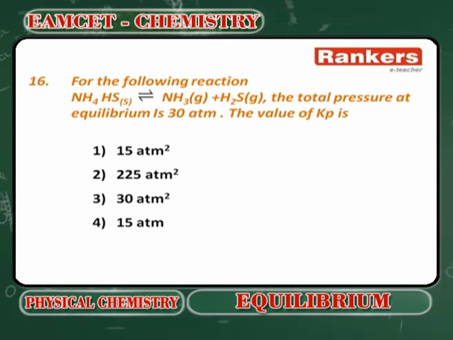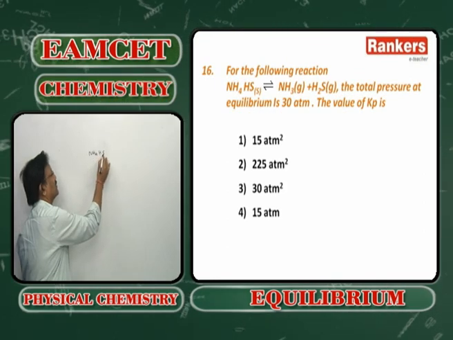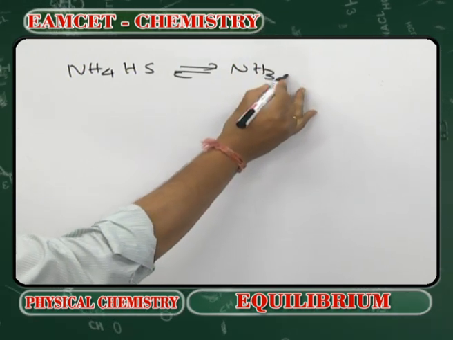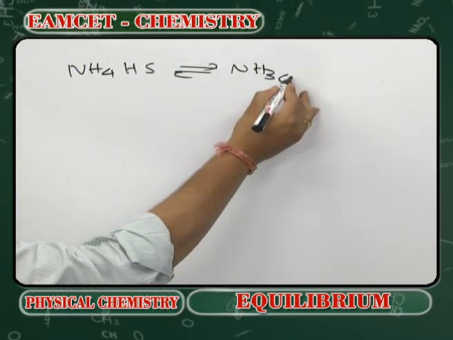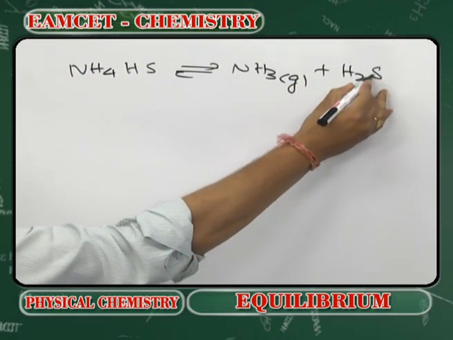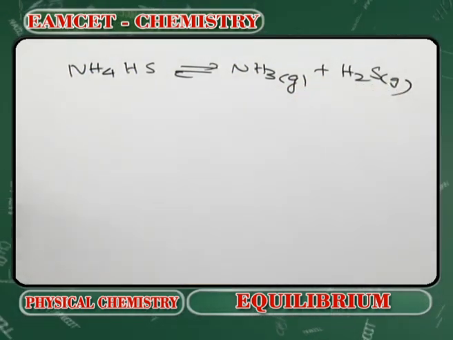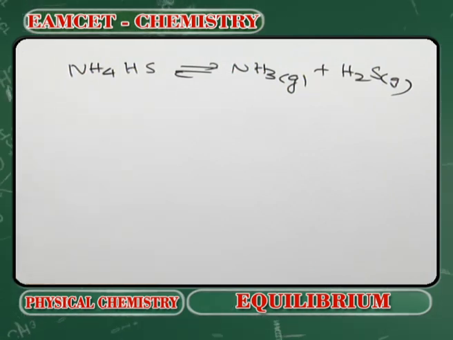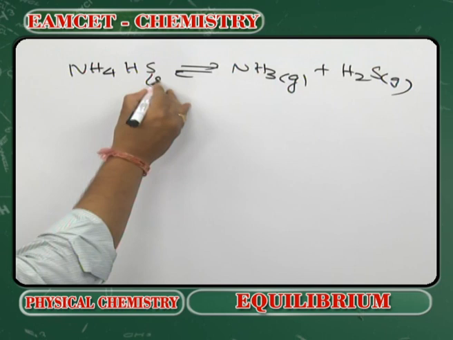NH4HS, the total pressure is given. NH4HS gives NH3 plus H2S. For this type of equilibrium, what will be the Kp value? P square by 4, because this is a solid.